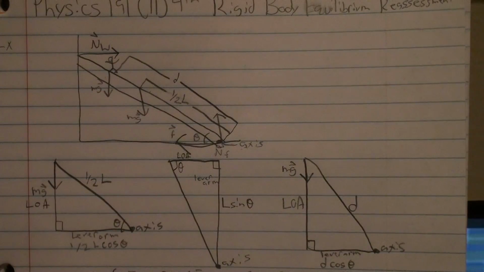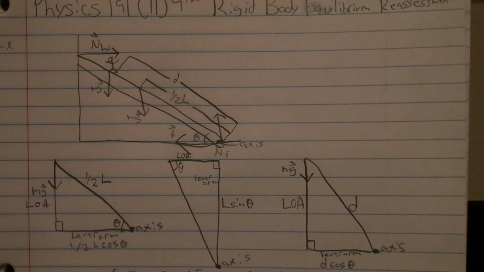The first thing I did here was make a pretty careful drawing of the ladder and label all the distances and forces that were involved. I drew a few different diagrams instead of cluttering all of them together with numerical values. I used L for the length, equal to 8 meters, for the length of the ladder, and d for the unknown distance from the bottom of the ladder to the point where the person stands.